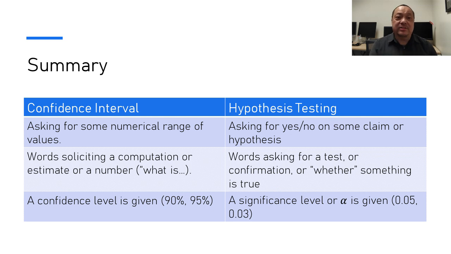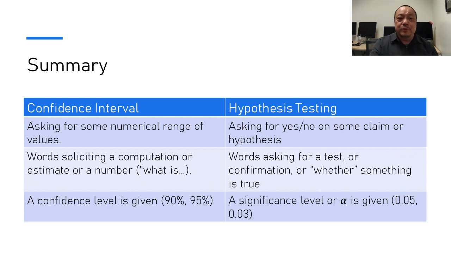A hypothesis test question asks for yes or no on some claim or hypothesis. It uses words asking for a test or a confirmation or whether something is true. For a complete question, the significance level or alpha is given, usually a small decimal such as 0.05 or 0.03.